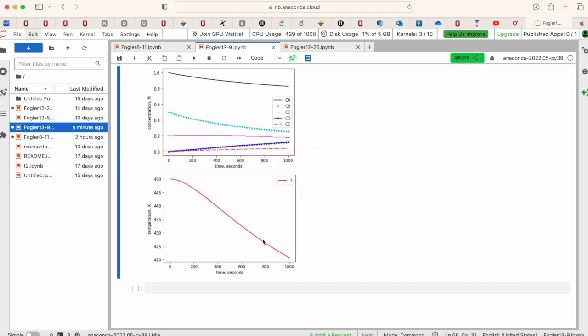Right now I don't have any temperature dependence in my rate constant, but if I did, they would decrease, which means the reactions would proceed more slowly. And this would mean the heat removal is more effective than the heat generating. There's more heat removal than heat generated because the temperature goes down.